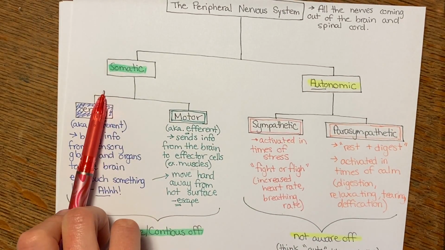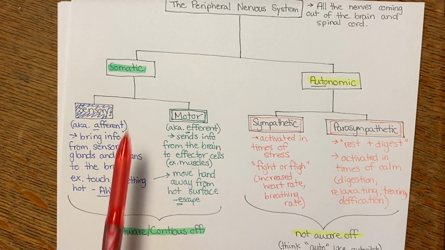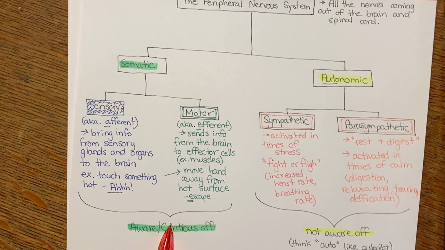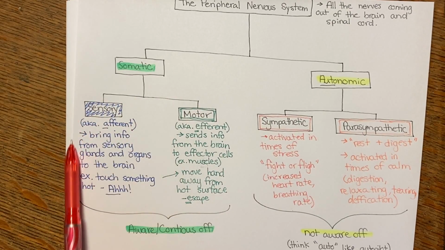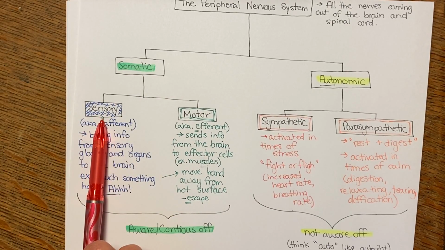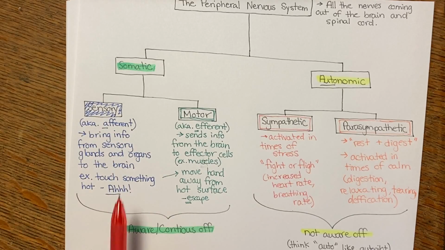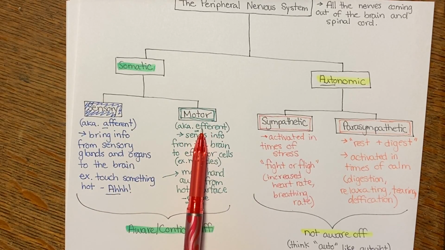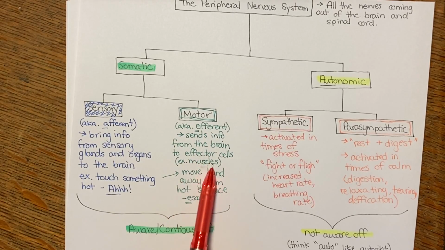Then your somatic peripheral nervous system is part of maintaining homeostasis and feedback loops, in that you have your sensory organs taking in information from your surroundings, sending that information to the brain, and then the brain sends a signal through the motor nerves out to the effector cells, which make whatever change occur.